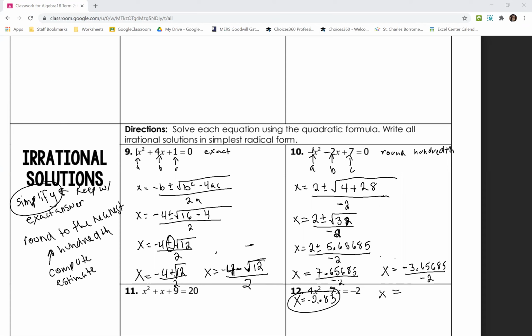oh, you know what? I think I had that wrong because I didn't divide it by 2. I'm sorry, guys. We did that wrong, or I did that wrong. It was 7.65685 divided by 2. That's your answer, 3.83.